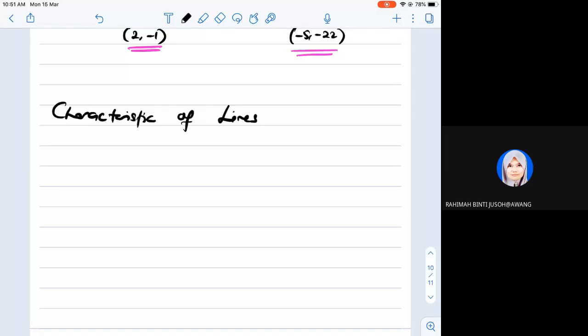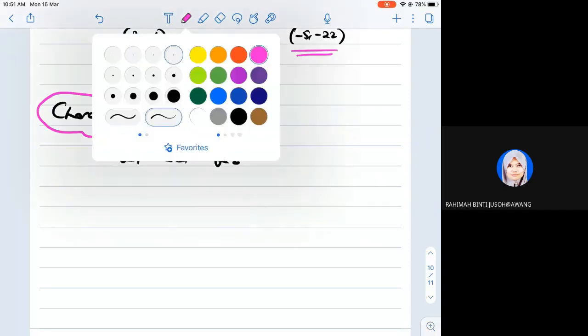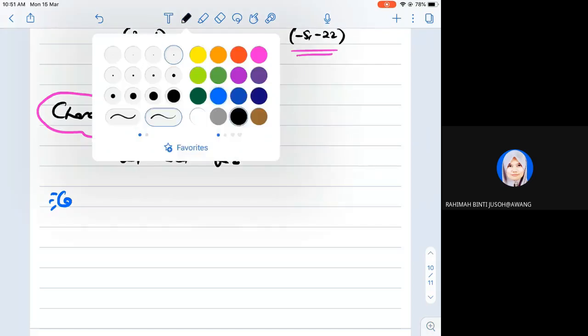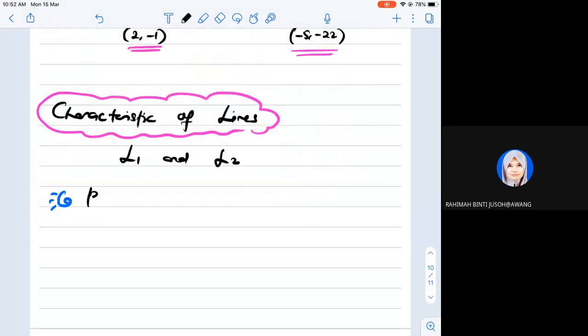Let's say you have two lines, L1 and L2. Number one, L1 versus L2, parallel. How do we identify whether the two lines are parallel? By using this formula.